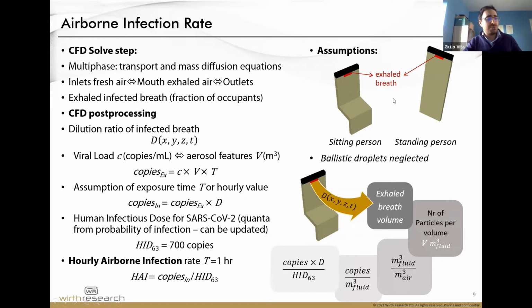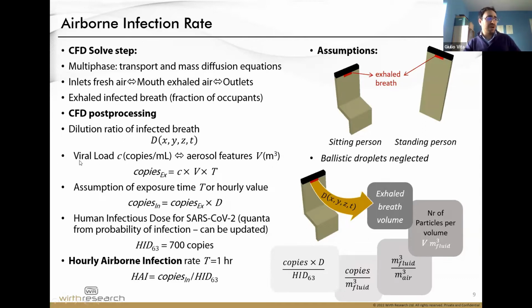The large assumption here is to assume that the volume of exhaled air is assimilable to a number of particles that compose the aerosol in which viruses are transmitted. We then know how many cubic meters of respiratory fluids are spread into a volume. And then we're able to calculate the dilution ratio from the CFD results.